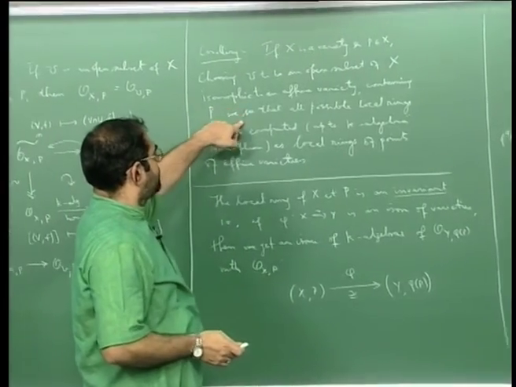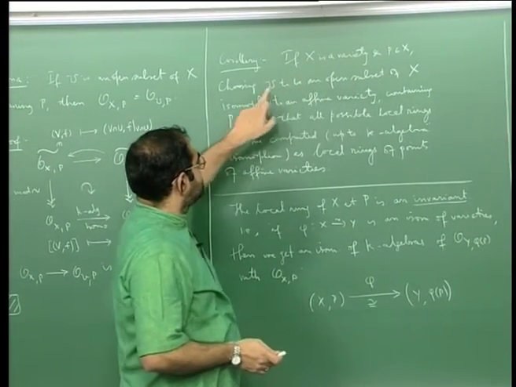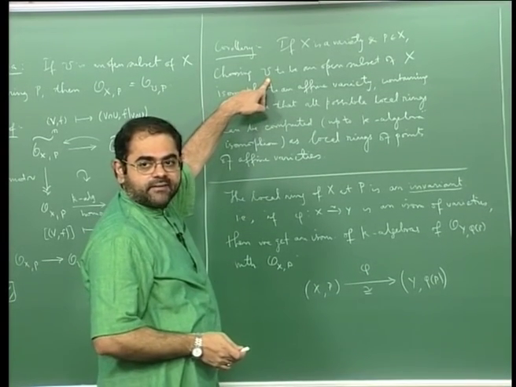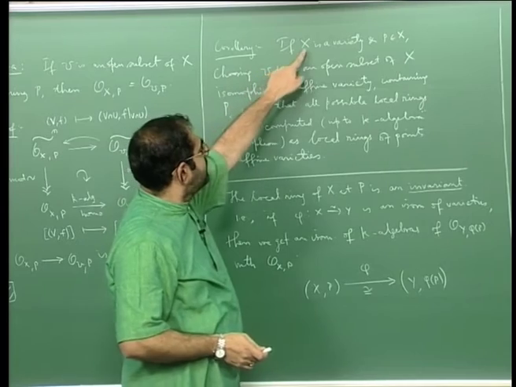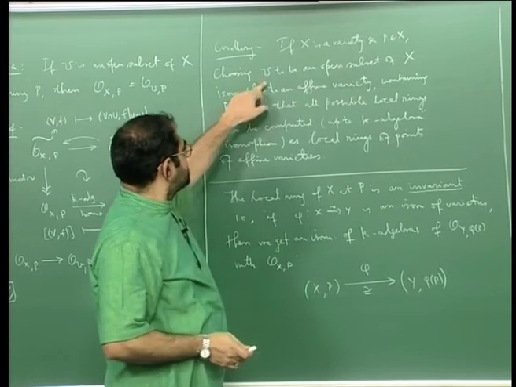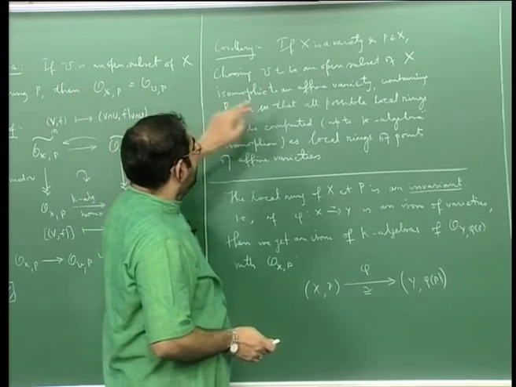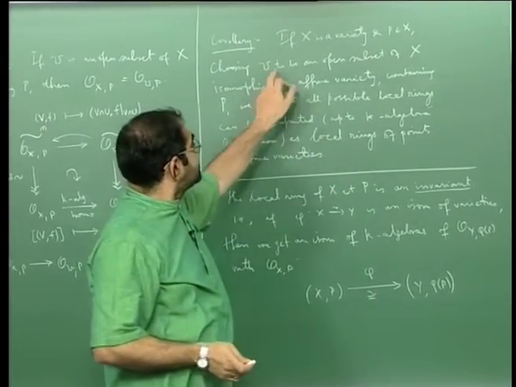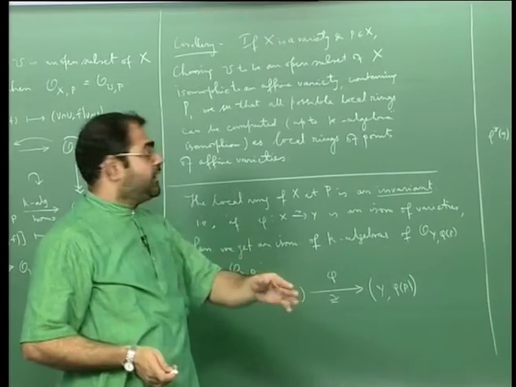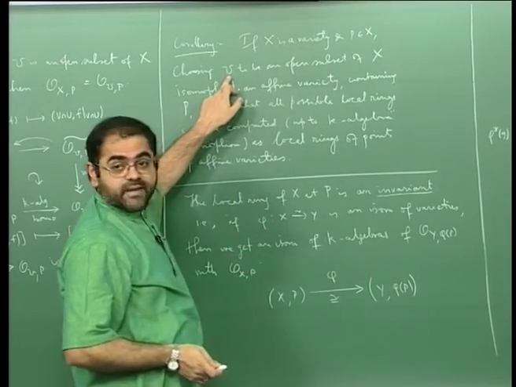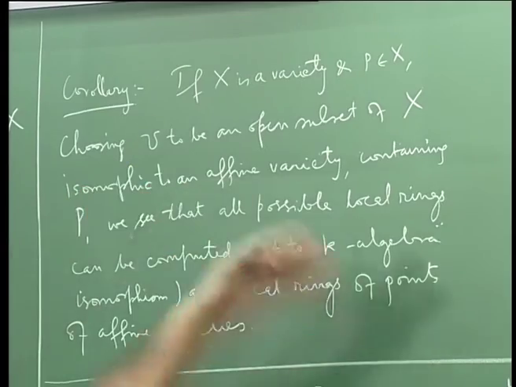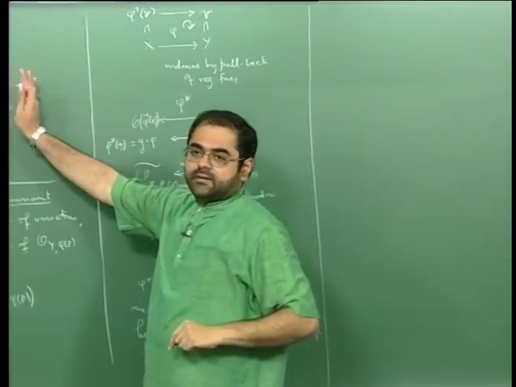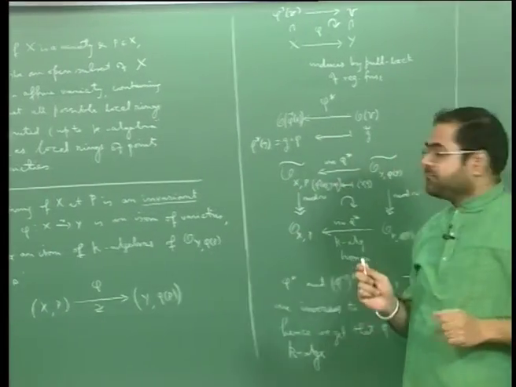If X is a variety and p is a point of X, and you choose U to be an open subset of X which is isomorphic to an affine variety, then under that isomorphism the local ring of X at p, which is the same as the local ring of U at p according to this lemma, will be isomorphic to the local ring of that affine variety at the point which the isomorphism carries p to. So this has to be thought of before one can understand it properly.